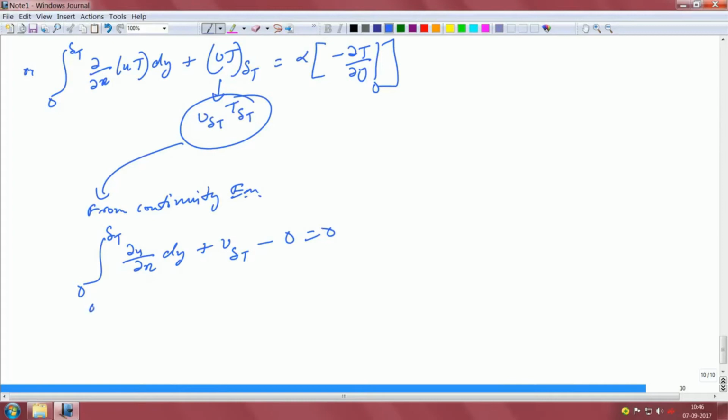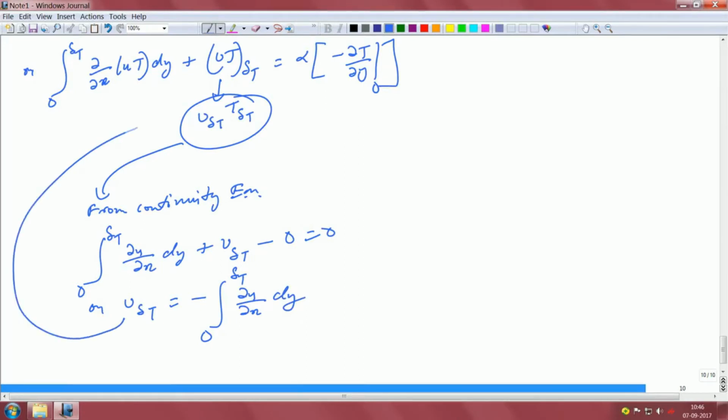So, V at delta t is basically given as the integral from 0 to delta t of du/dx dy, right. That is the V at delta t, because we needed that expression which you can substitute there. Of course, T at delta t you already know what it is going to be, correct.